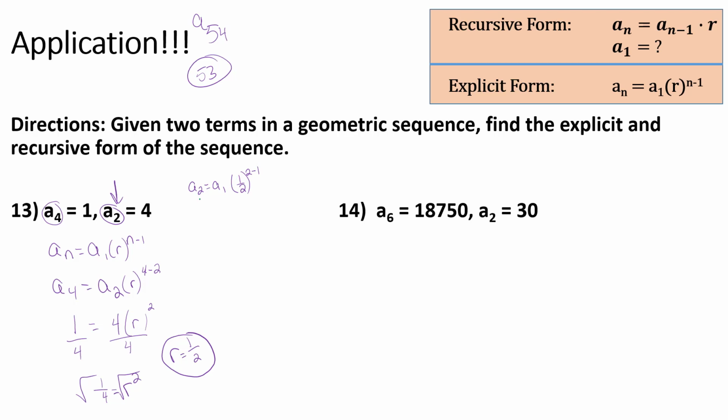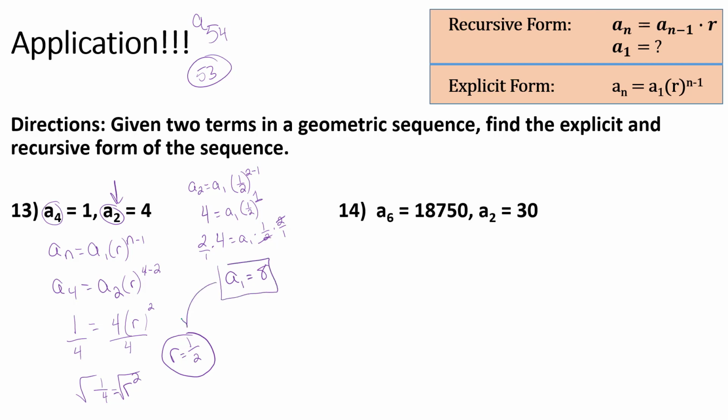All right. So we can plug in what we know a sub 2 is. 4 is equal to a sub 1 times 1/2. 2 minus 1 is 1. So we have 4 being equal to a sub 1 times 1/2, which we know we can multiply by the reciprocal. And a sub 1 will be equal to 8.